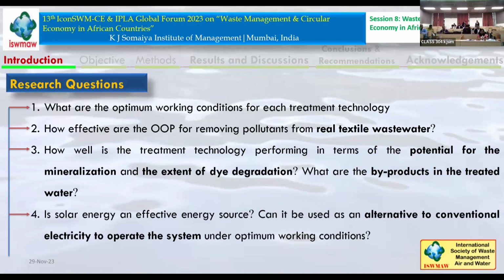How well is the treatment technology performing in terms of dye degradation compared with other available technologies? So the objective of this research was to investigate the removal of pollutants from textile industry wastewater by using a dual-stage solar-powered electrocoagulation and electrooxidation process.